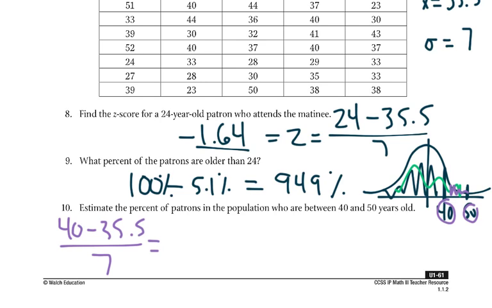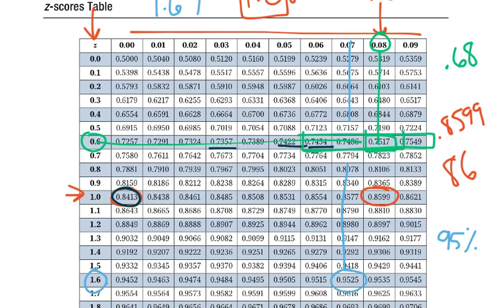Okay, find that z-score, which is 0.64. Okay, then we find the percent. So 0.64, 0.6, 0.04. So right there, which is 0.7389, so round to 74%.